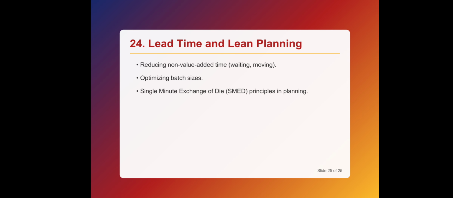Optimizing batch sizes is lean planning. So the batch sizes are optimized through various planning activities according to the optimization of product knowledge, in accordance with the expert system shells: knowledge engineer, knowledge base, inference engine, report generator, and answers. That means the expert system structure.